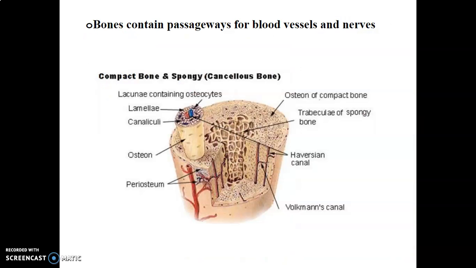I think this is the last thing. Bones contain a passageway for blood vessels and nerves. Hopefully we're going to be able to go into the lab, most likely next week, and we'll get to see some bones, they're fake, but different types of bone, and you'll see little holes and inlets inside the bone. Our blood vessels and nerves flow all throughout our bones, popping in and out at different places.